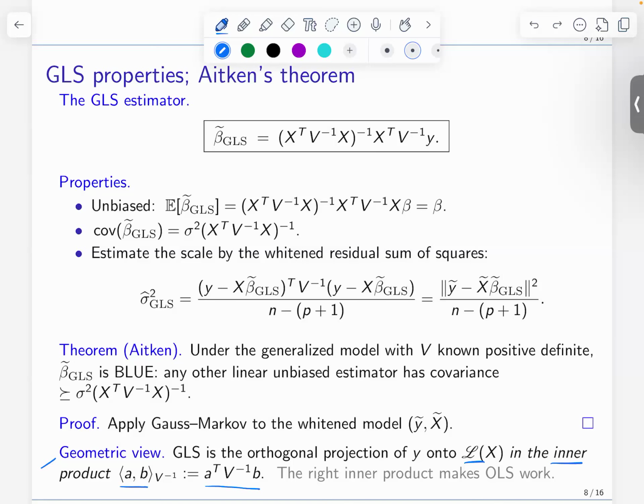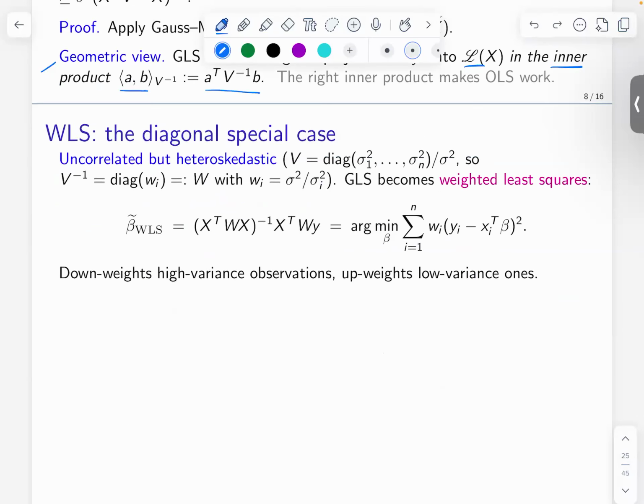So this unlocks a lot of applications. Let's do a special case first, where V is diagonal. You have a bunch of variances, sigma squared i. Let's say we divide by sigma squared, so V is diagonal with entries sigma squared 1 up to sigma squared n. V inverse would then be a diagonal matrix, and the diagonal entries, let's say, are the W_i's. These are the weights, sigma squared divided by sigma squared i.